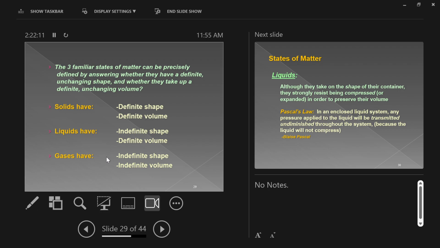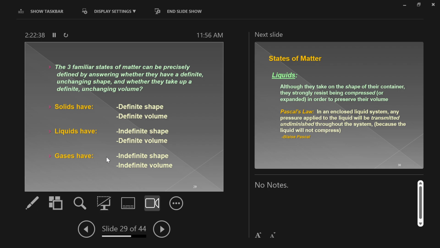Whereas gases have indefinite shape and indefinite volume, okay? We take a tank of oxygen here on the counter and we open it up, okay? That oxygen is going to fill the shape of this room, right? If I take that tank of oxygen and put it into a completely differently shaped room of a completely different volume and open the tank up, guess what?